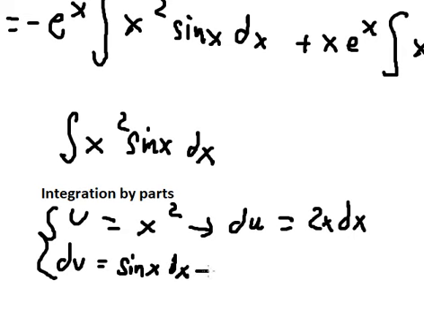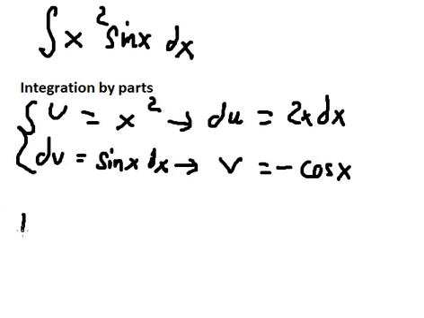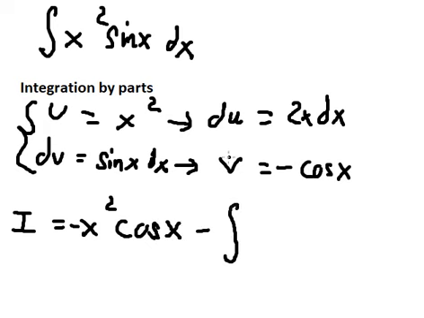The integration of sine s is negative cosine s. So we have u multiplied by v, so we have s squared times negative cosine s, minus the integration of du multiplied by v. Negative and negative give positive, and we have 2s cosine s ds.